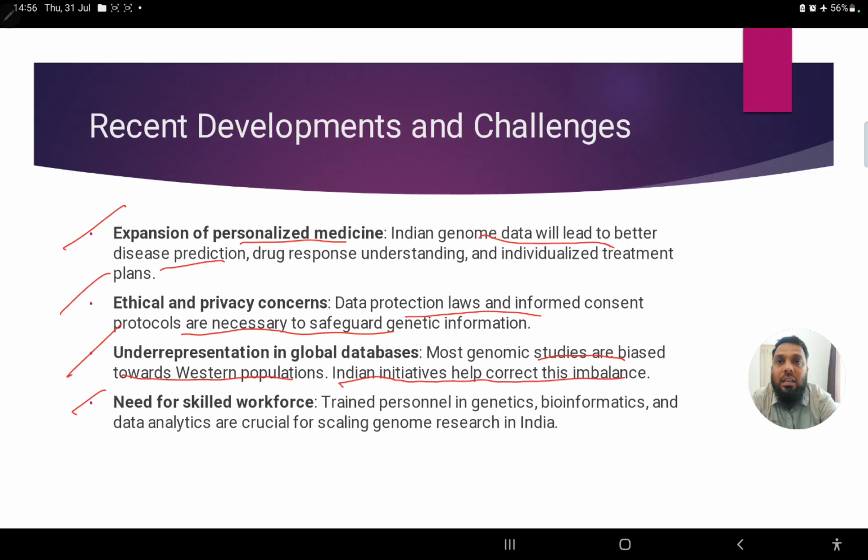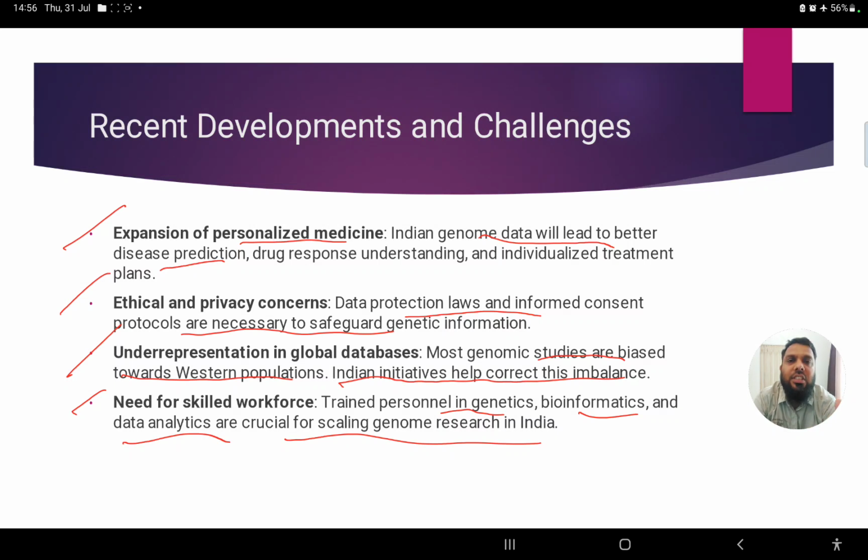Then the need for a skilled workforce. Trained personnel in genetics, bioinformatics and data analytics are crucial for scaling genome research in India. So manpower is also a challenge, trained manpower, right? All these things guide people, even students who want to pursue their graduation or their post graduation.